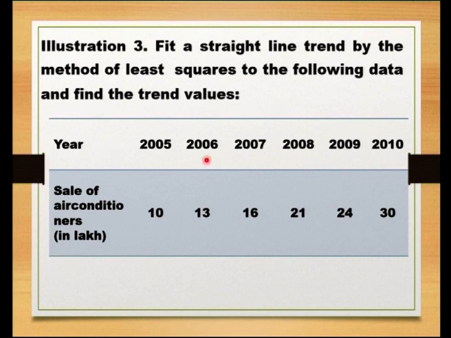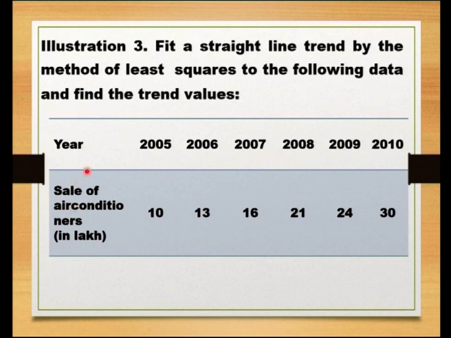There is no mid year to take that as origin and compute summation x as 0. Here there are 2 mid values, one is 2007 and another one is 2008. Any one of these values can be taken as origin for conversion of the year values, x values to origins.